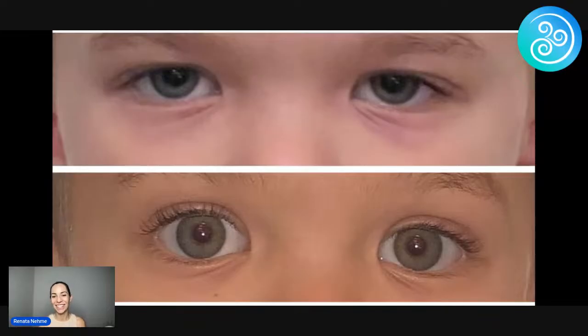Head posture follows tongue position 100%. So sometimes it's something super simple that as soon as you get the patient to hold the tongue up there, all of a sudden they are sitting up straighter. I love the side profile photos that it shows, the patient like this, and all of a sudden they're like this after just a few sessions of myofunctional therapy.